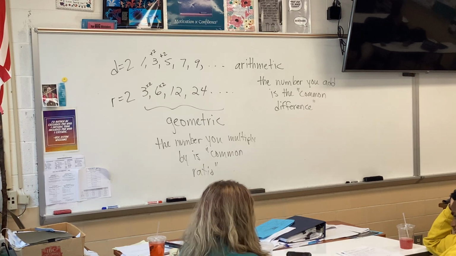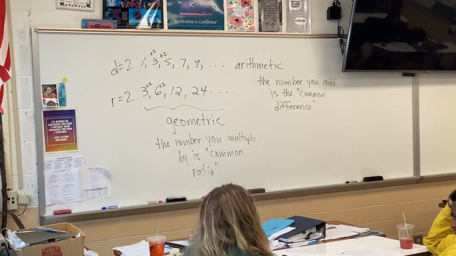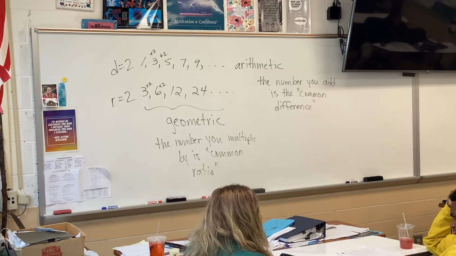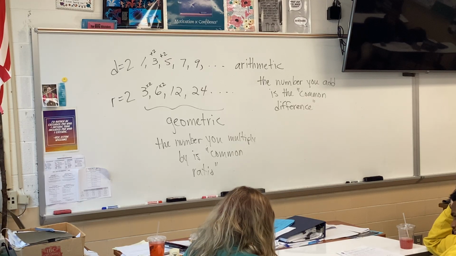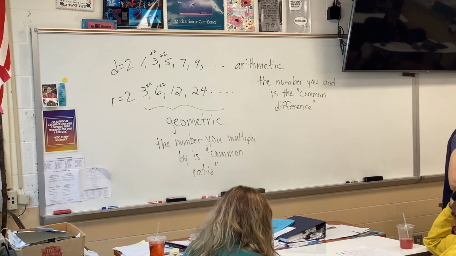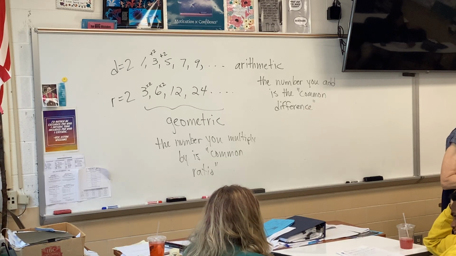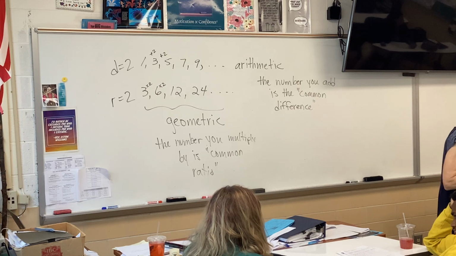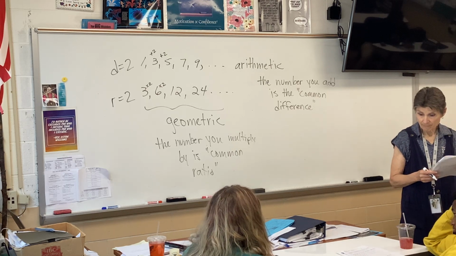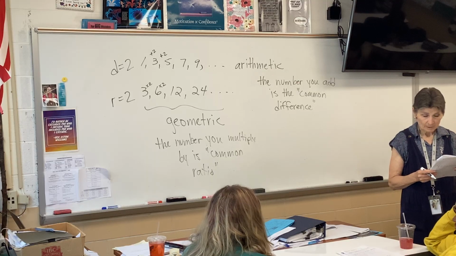So D is neither arithmetic nor geometric. Now, you figured out the pattern. You can still have a pattern, you can still continue the sequence, but it is not arithmetic or geometric. Does everyone understand that? It's not adding that makes it arithmetic. It's adding the same number. Okay? Got it?